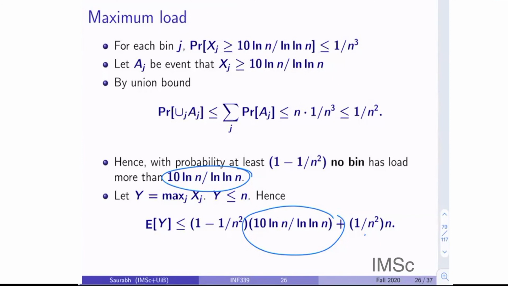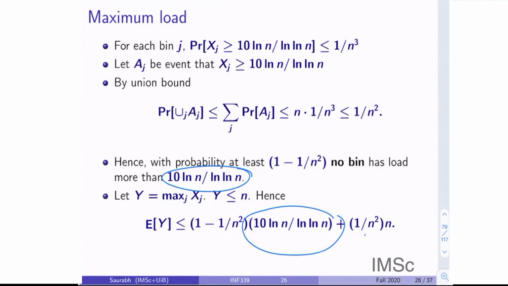So think of it like this: I have n balls and I have n bins. You look at all functions from balls to bin assignments.